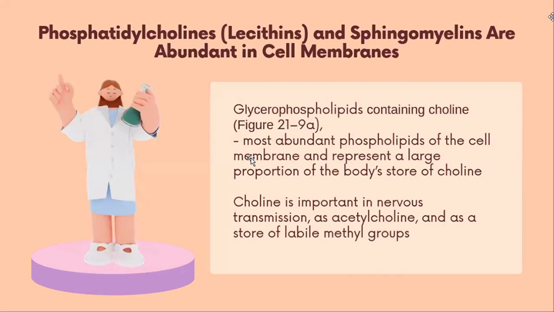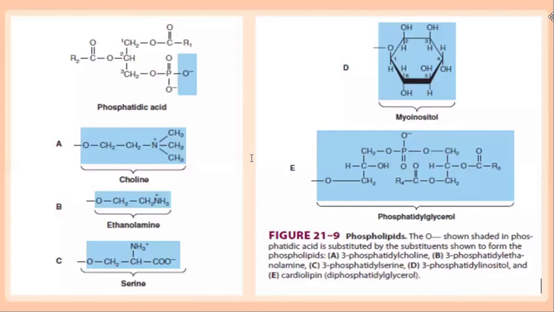Phosphatidylcholines or your lecithins and sphingomyelins are abundant in cell membranes. Your glycerophospholipids containing choline are the most abundant phospholipids of the cell membrane and represent a large proportion of the body's store of choline. Choline is important in nervous transmission as acetylcholine and as a store of labile methyl groups.